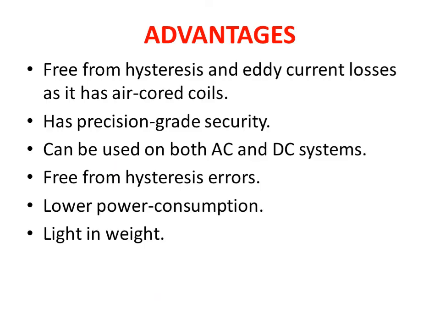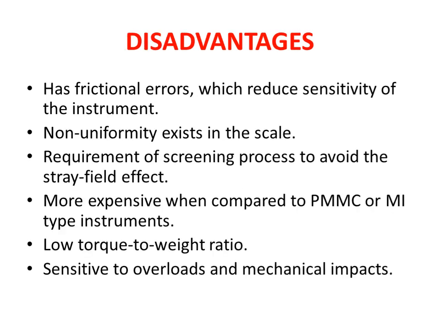Coming to the advantages, this electrodynamometer type wattmeter is free from hysteresis and eddy current losses because it has air cored coils, and the precision rating is very high. It is used for both AC and DC. It has lower power consumption and is light weight.